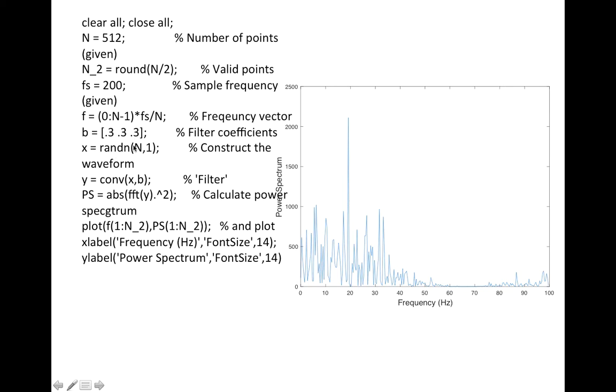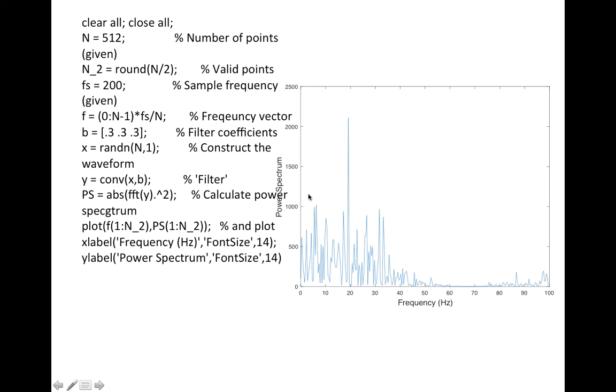The waveform is constructed here with X, just basically a random number, and then Y is a convolution of X comma B. So basically MATLAB is going to take B and flip it, which in this case doesn't matter since it's a square array. It's going to slide it across, doing the slide and multiply, slide and multiply, slide and multiply.